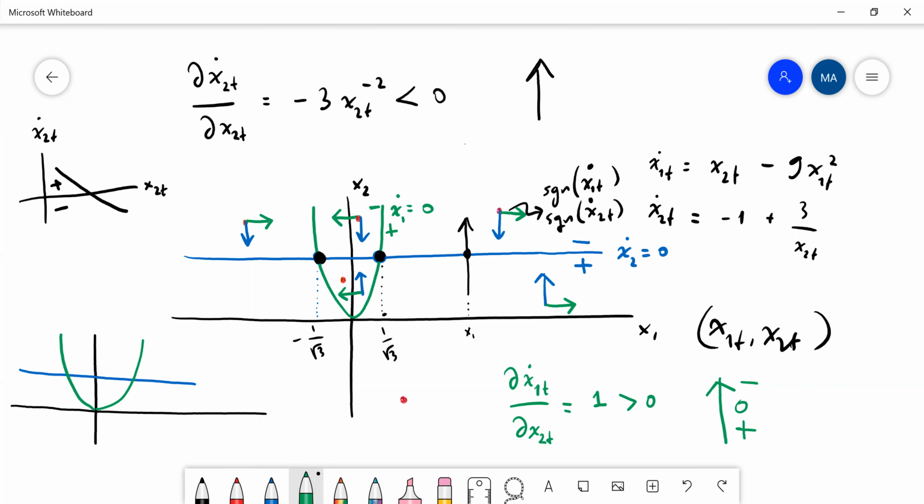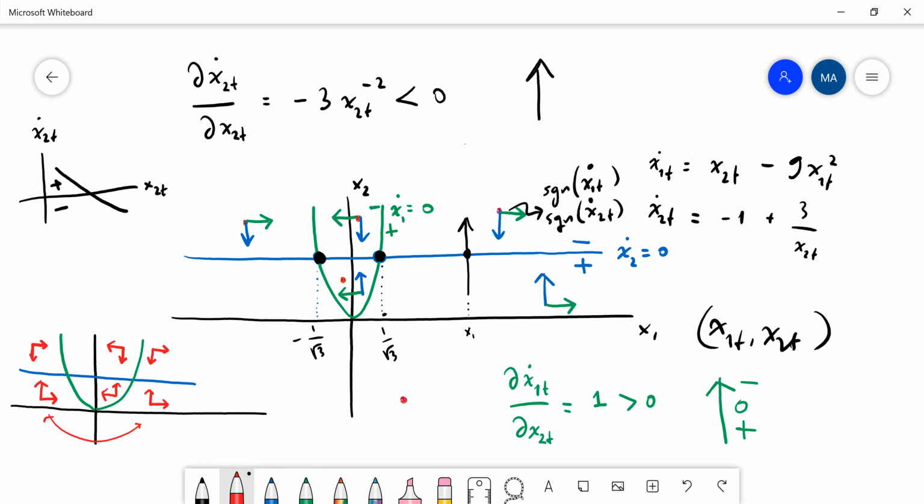So I have this dynamic here, this dynamic here, this, and finally I have that. And of course, in this region, I also have this, right? Because these are the same.